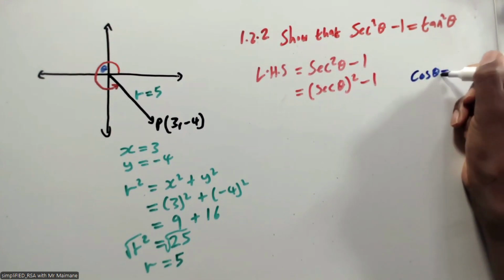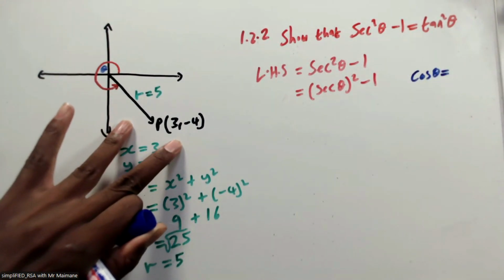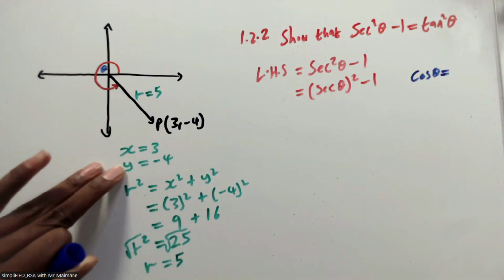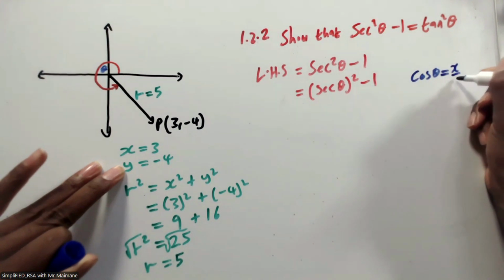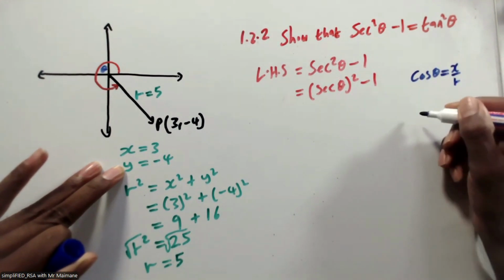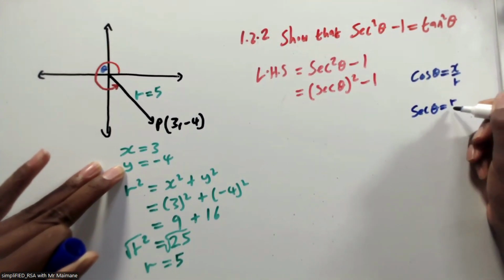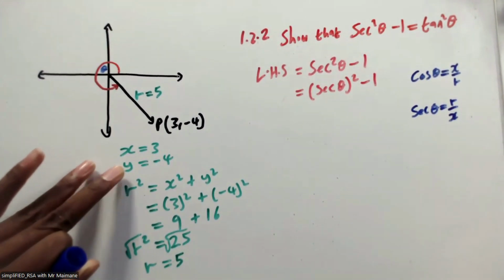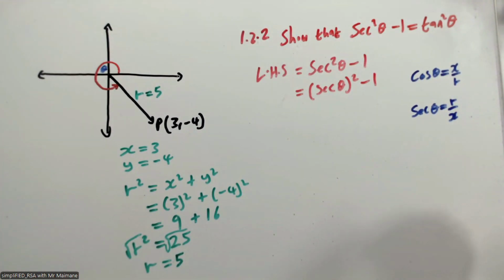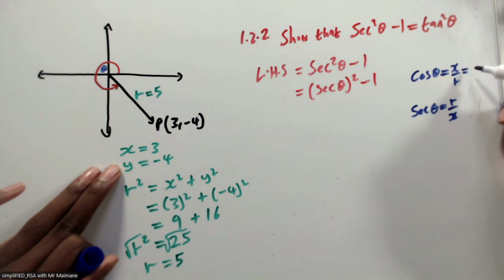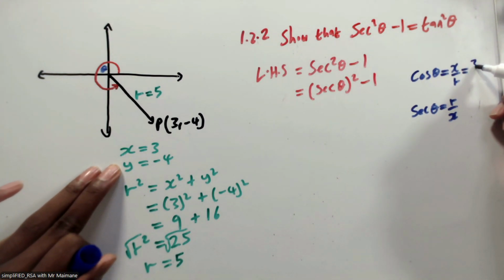Ideally, let me picture what cos theta is based on this. I know that cos theta is x over r. If cos theta is x over r, I know that sec theta will then be r over x because it is its reciprocal. So if cos theta is x over r, in this case, cos theta would be 3 over 5.